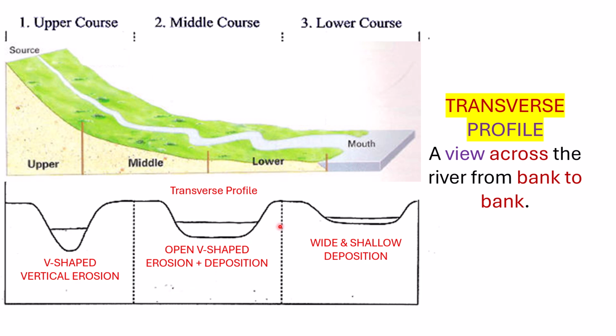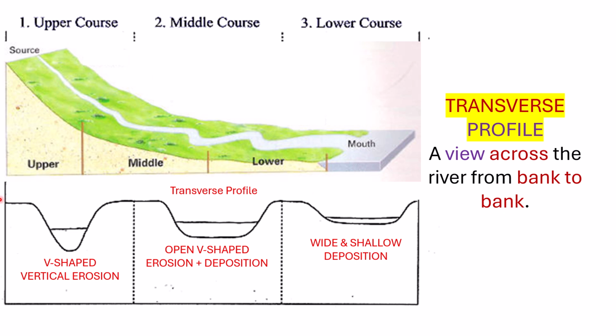And then finally, in the lower course, the transverse profile can be described as being wide and shallow. The main fluvial process being deposition, and deposition is responsible for making this river so shallow.